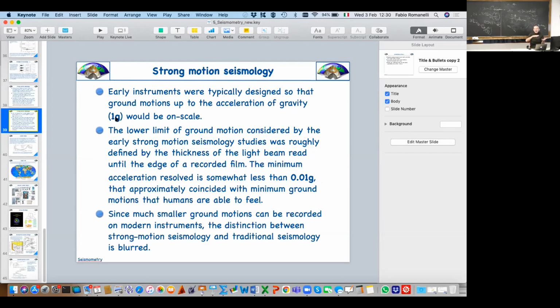So actually, the border between strong motion seismology and instruments and the traditional one is fading. But traditionally, it is working with accelerometer sensors or very broadband. Very broadband can cover most of the frequencies, and accelerometers can help to use broadband. So there is not anymore this distinction.